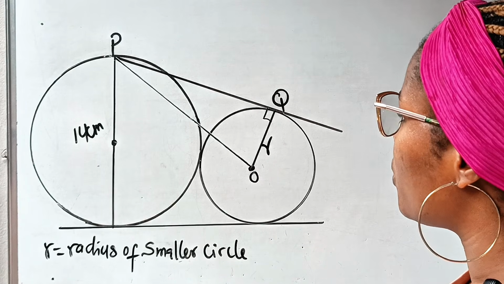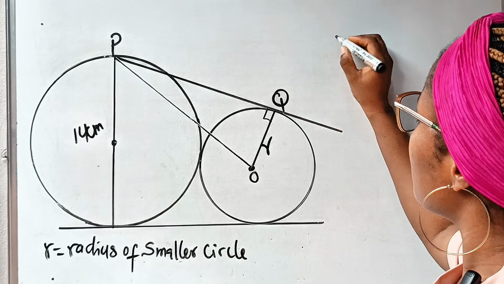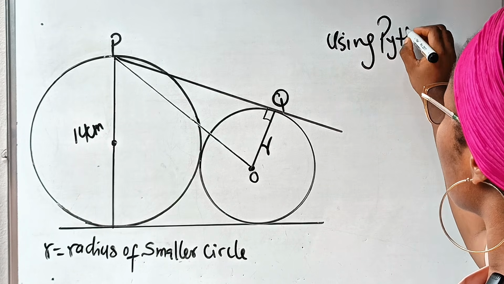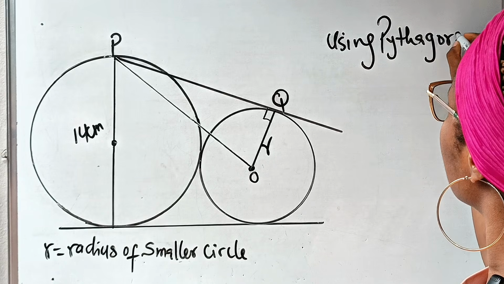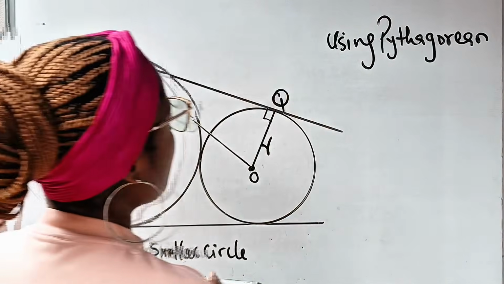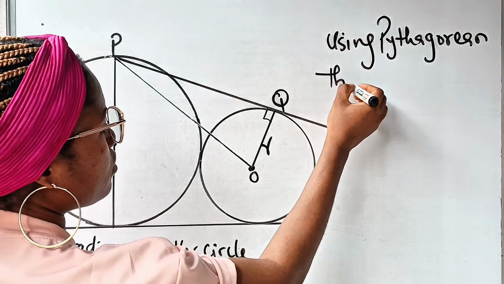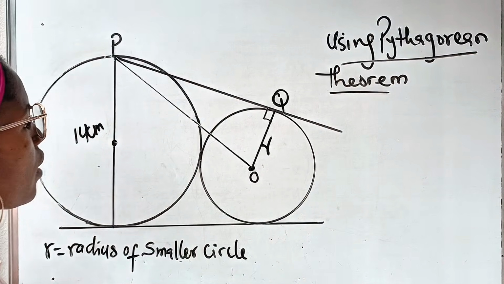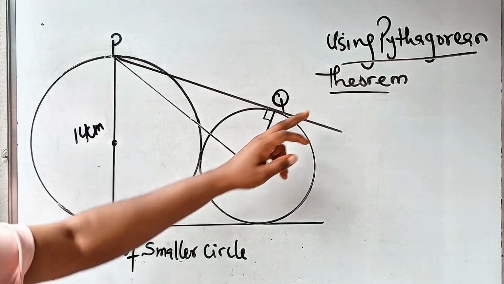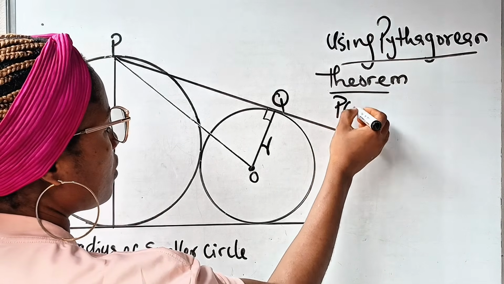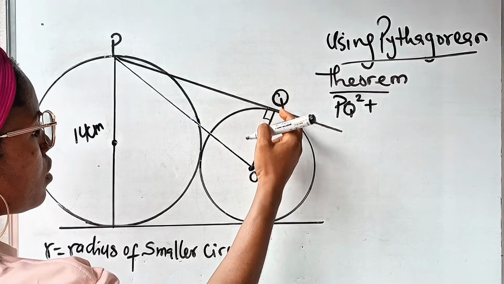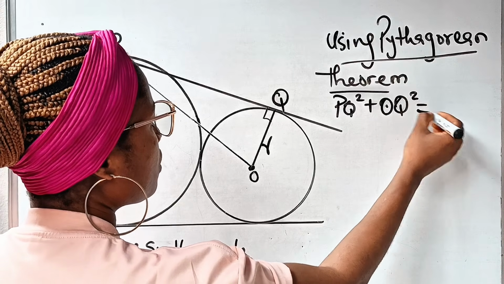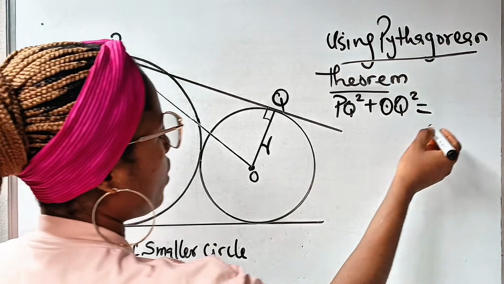Alright, now using the Pythagorean theorem, we will have that PQ squared plus QO squared, or OQ squared, should give us PO squared.